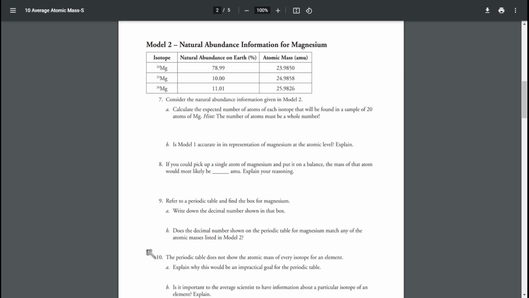Well, I'm going to go ahead and say it should be 24 AMU, because if I pick out just a single atom, there's a 79% chance that I'm picking up this isotope right here. So I'm just going to go with simple math. That's my biggest chance.